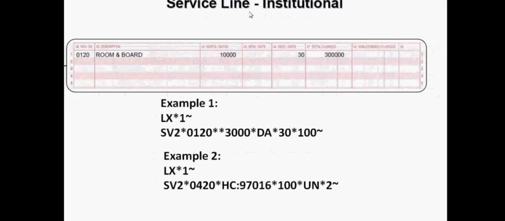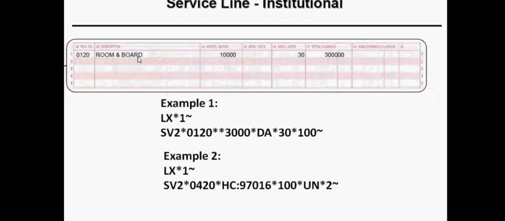This is another example here, room and board, which means an institutional claim. He got admitted here for a particular day. The rate is $100 here, the unit is 30, and in another example it is $100 here, and $300 here.